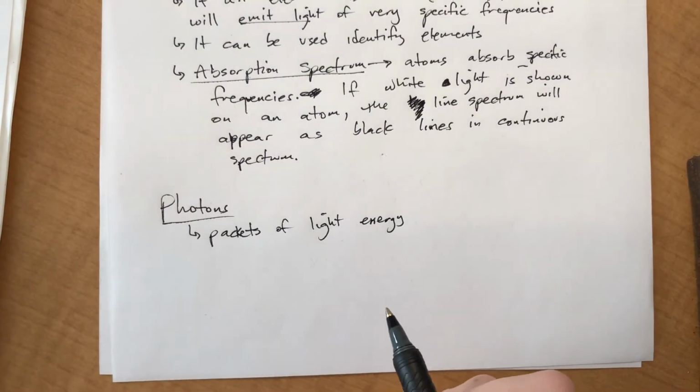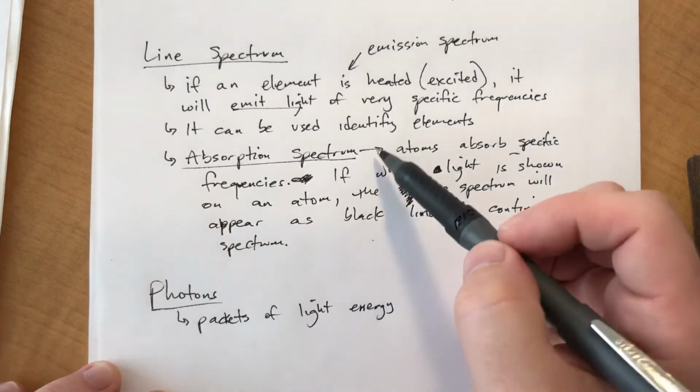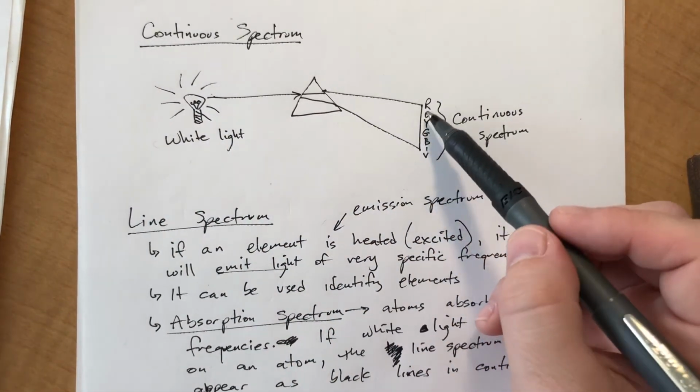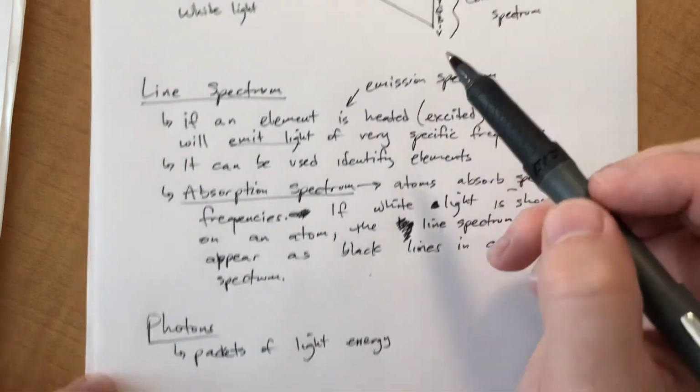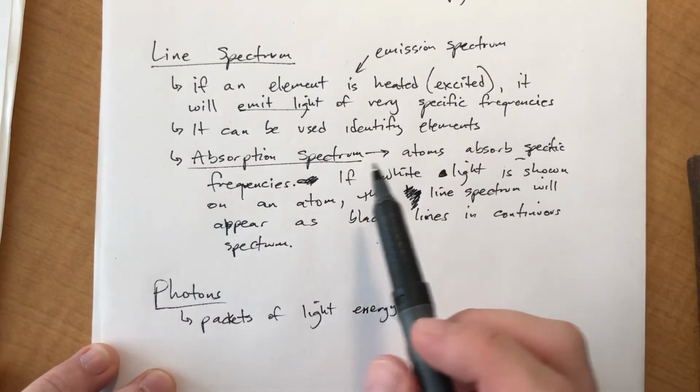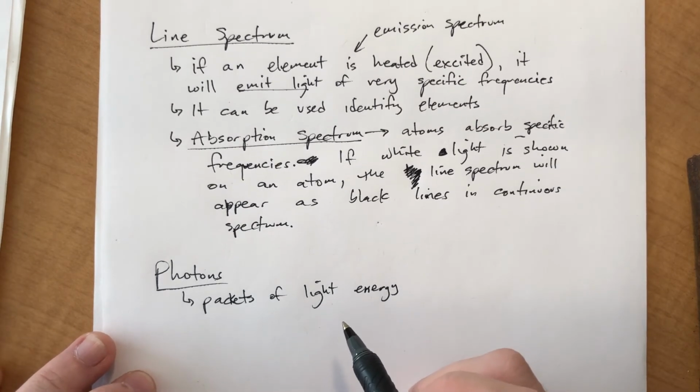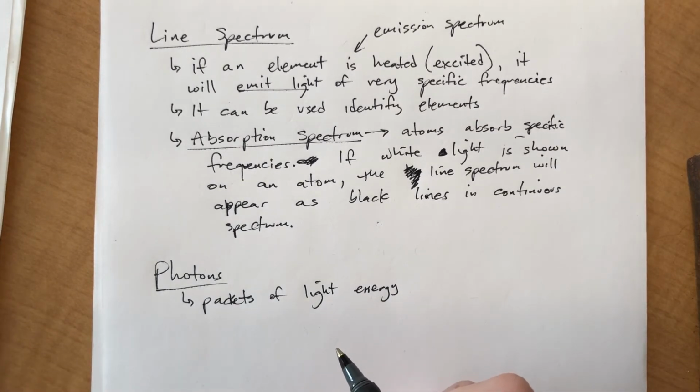And those packets of energy correspond to the various different frequencies. So if you have a white light, it's emitting lots of different frequencies and lots of different ranges of photons. With a line spectrum, you're only getting very specific energy options available. He discovered this. It's Planck's quantum hypothesis.